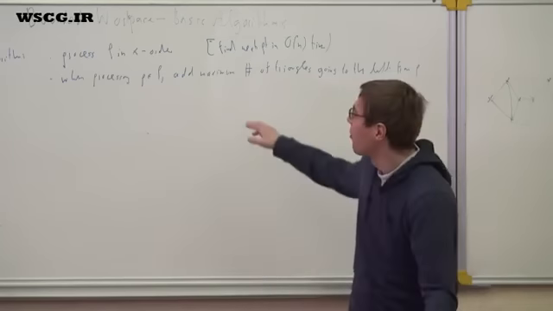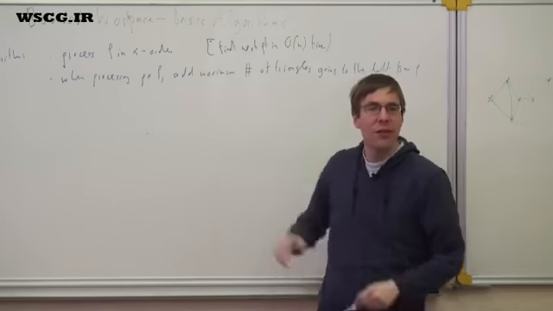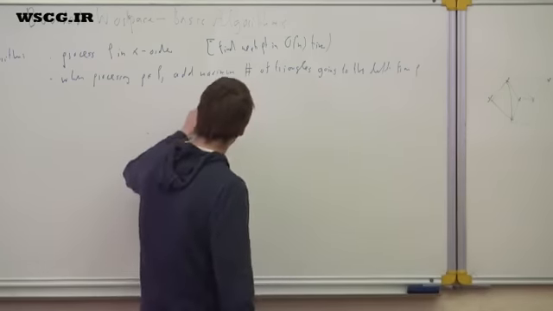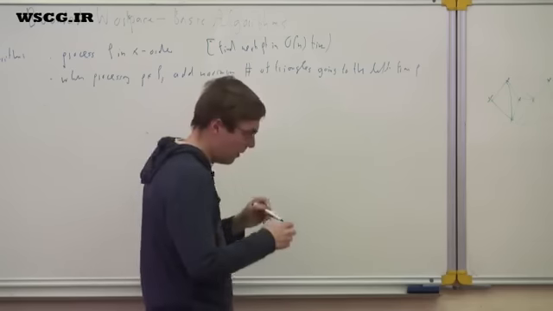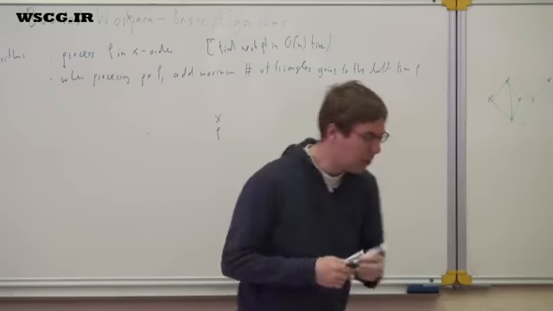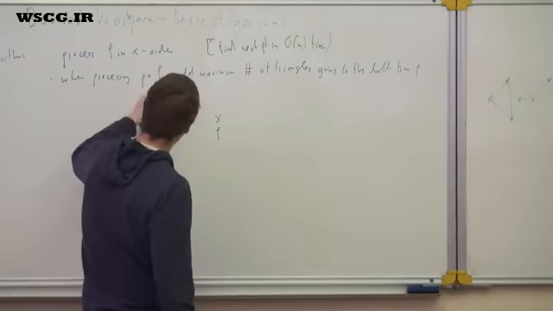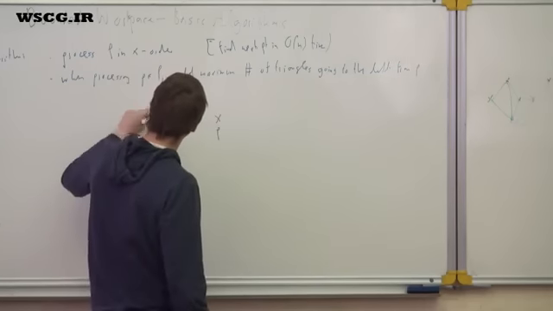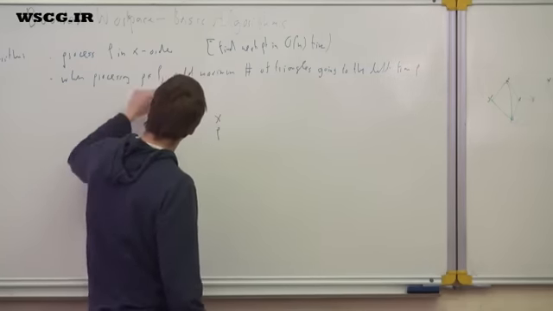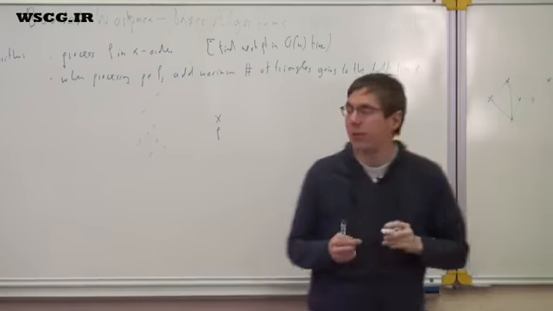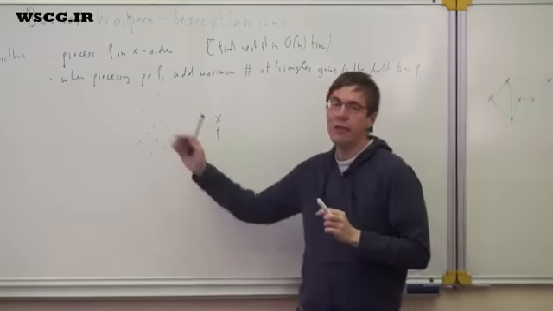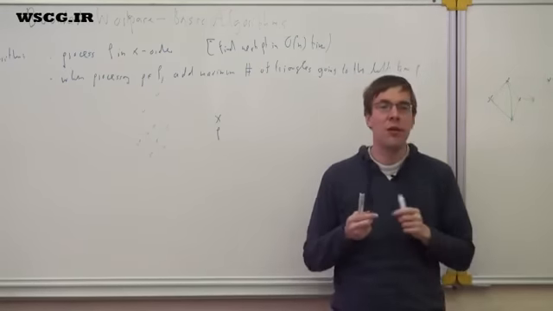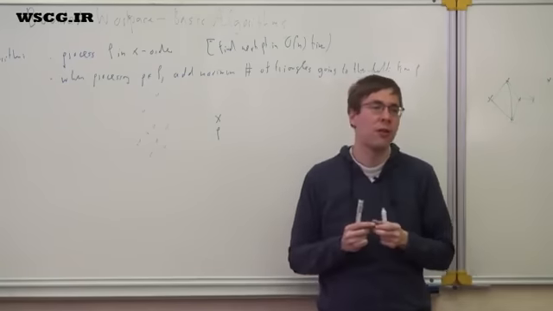Okay, now this is the more difficult part. Here I have my new point P, and here are some other points. I want to add all the possible triangles which go from P to the left, all the possible triangles which are consistent with what I did before.